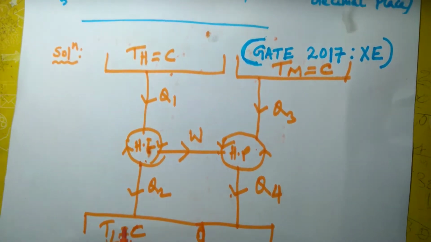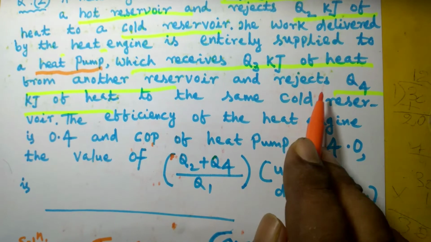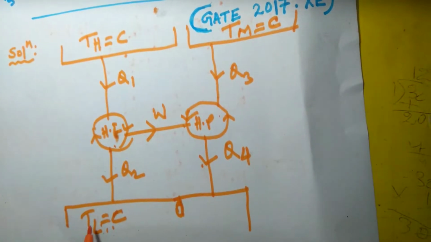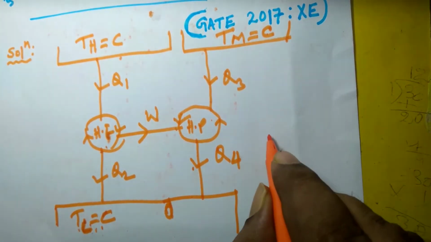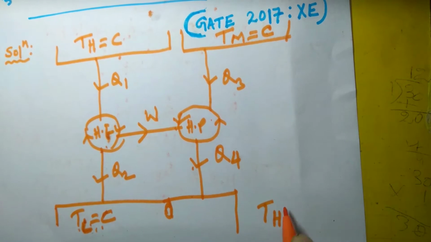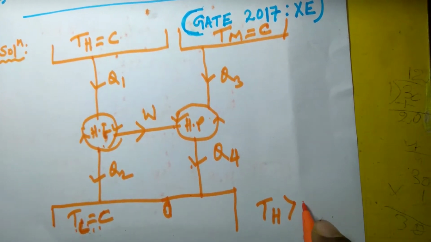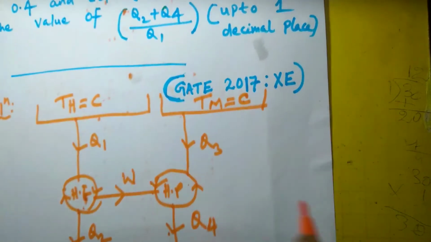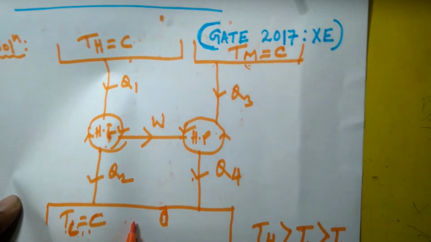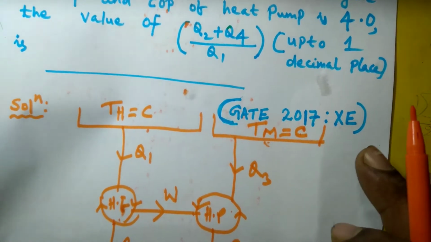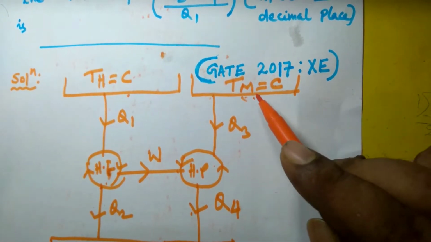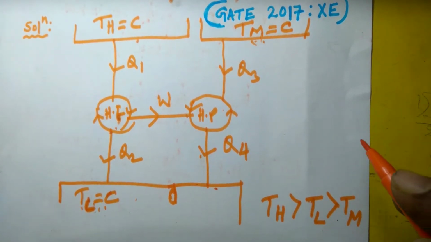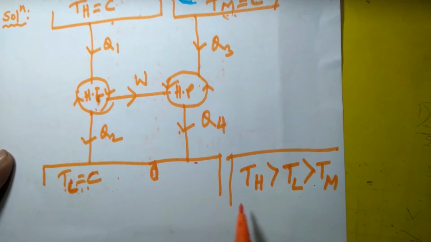Q4 kilojoule of heat is rejected to the same cold reservoir, TL. Obviously the temperatures are like this: TH is greater than TL, which is greater than Tm. Tm will obviously be less than TL, since refrigerator and heat pump transfer heat from low temperature to high temperature. So this is the relation between these three temperatures.